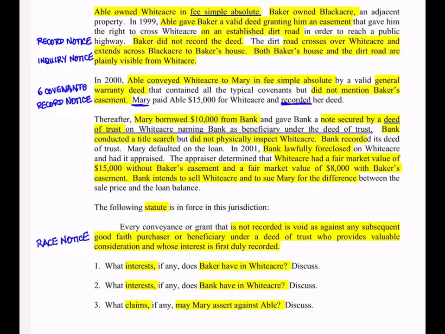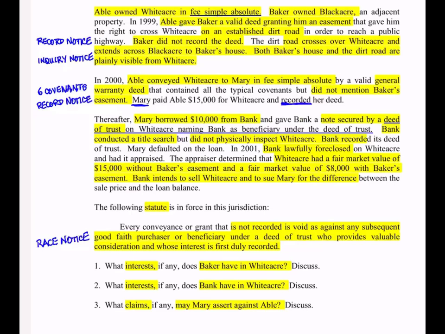What about what interests, if any, does Bank have in Whiteacre? Call 2. Well, that revolves around the deed of trust, Mary's default. I'm going to discuss all that. And then Bank's interest. Bank recorded. Does that mean that Bank extinguished the easement? No, for the same reason that Mary's recordation did not.